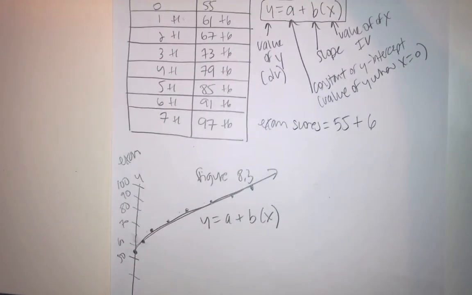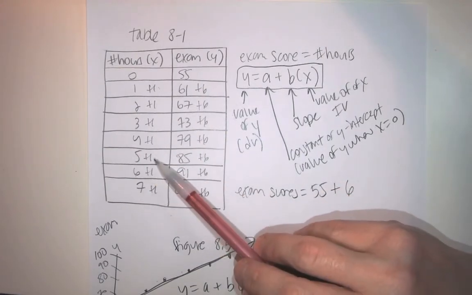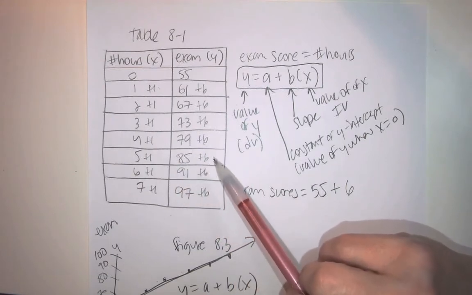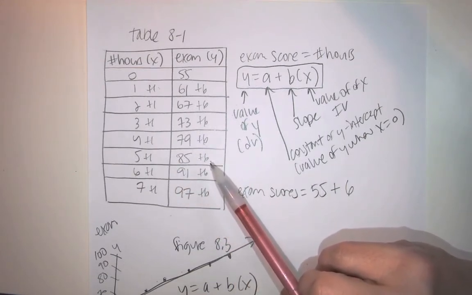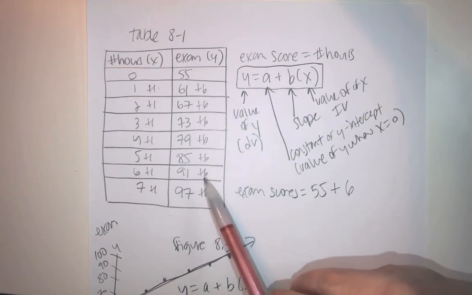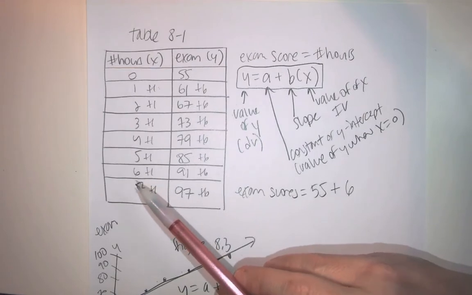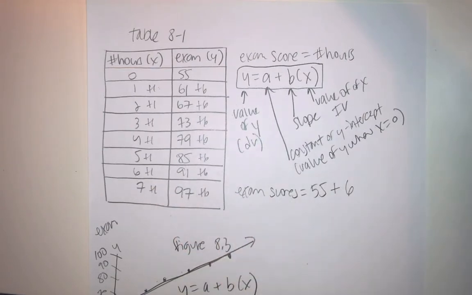My scatter plot is going up and to the right in a positive direction because my slope is positive. For every 1 unit of increase in my X value, I get a 6 unit increase in my Y. If we had a negative relationship, the slope would tell us the value by which Y changes in a negative direction for every unit of change in X. Here we're working with a positive relationship.